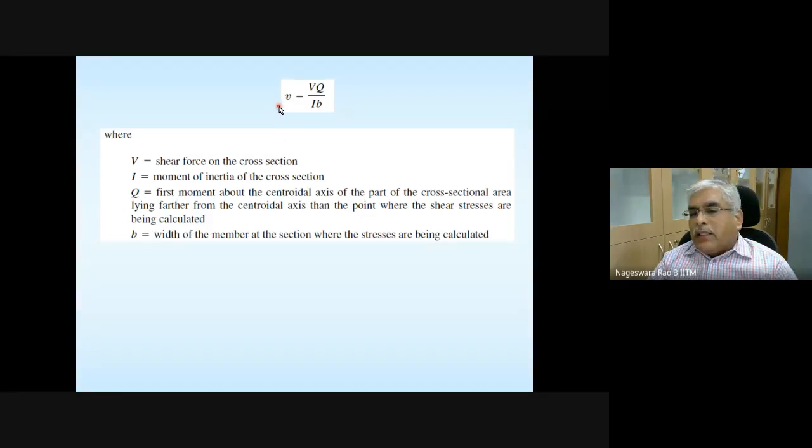So if you refer to any standard mechanics of materials book, this is how shear stress is going to be calculated.